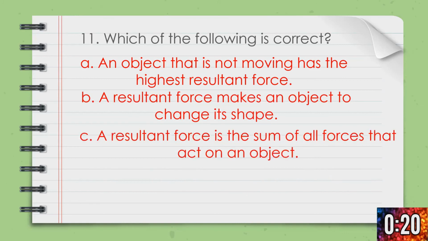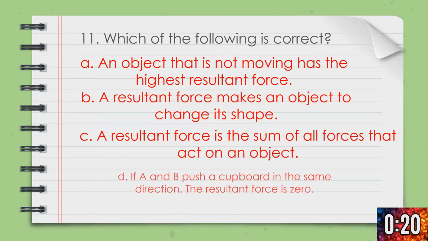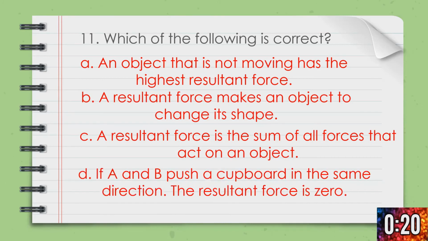C. A resultant force is the sum of all forces that act on an object. Or D. If A and B push a cupboard in the same direction, the resultant force is 0. Is it A, B, C, or D? Circle your answer now.